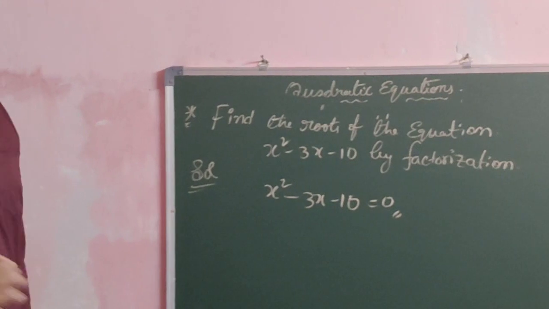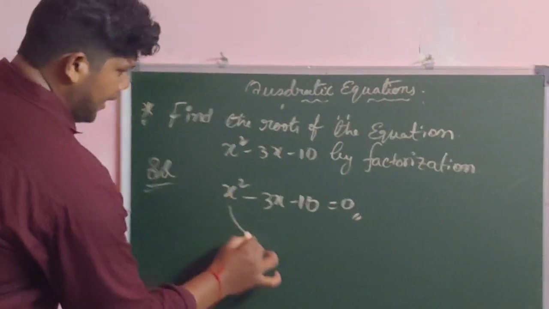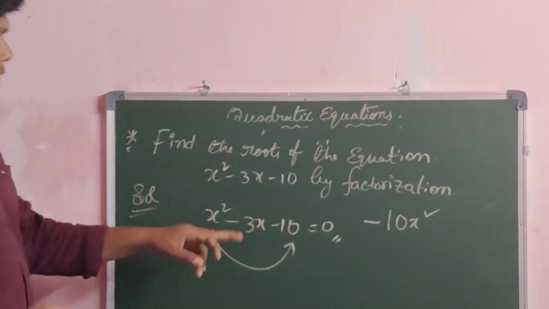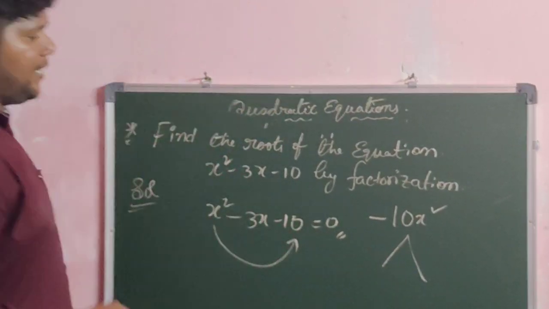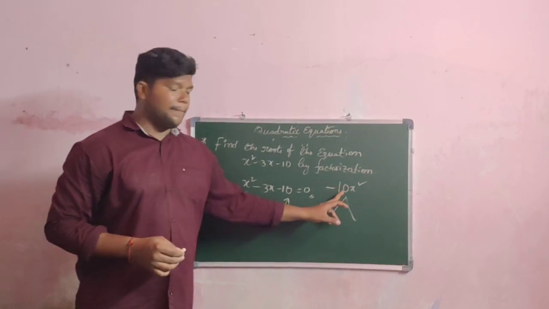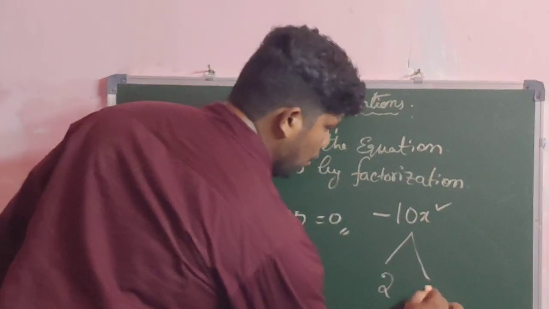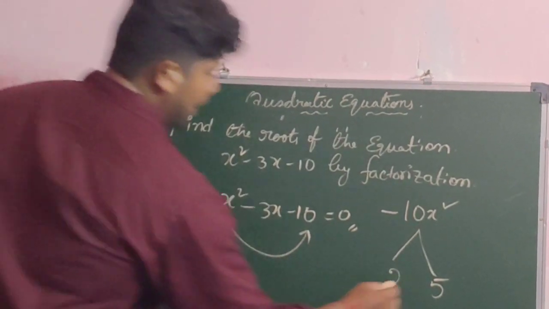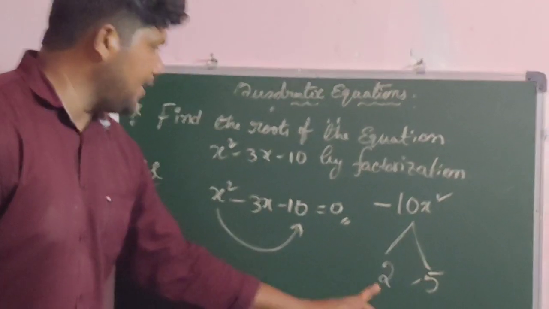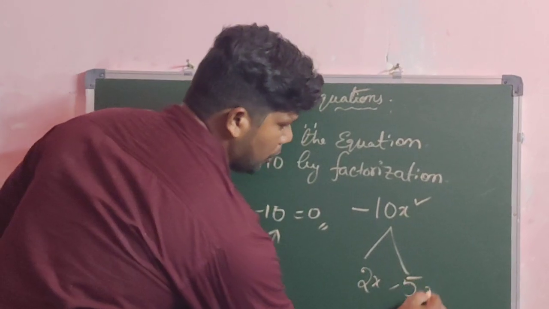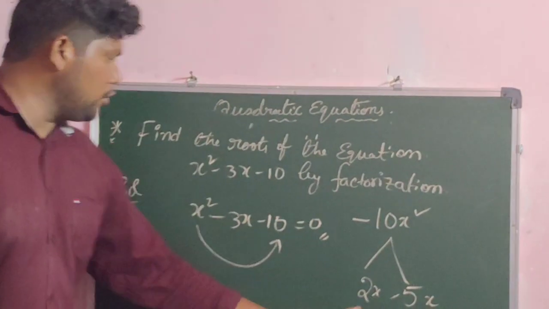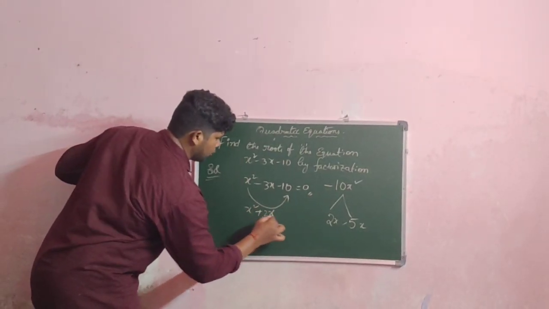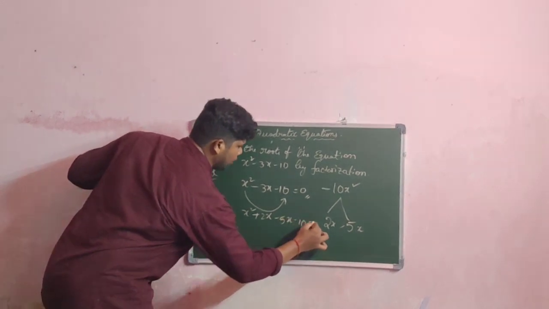That is a normal textbook concept. The product is minus 10x square, and when added we should get minus 3x. I will write 2 into 5, and 5 minus 2 is 3, right, that fits. 2 fives are 10, but here I take minus, so minus 10 fits. Here I write x. So minus 5 plus 2 gives minus 3x. Clear? So x square minus 5x plus 2x minus 10 equal to 0.